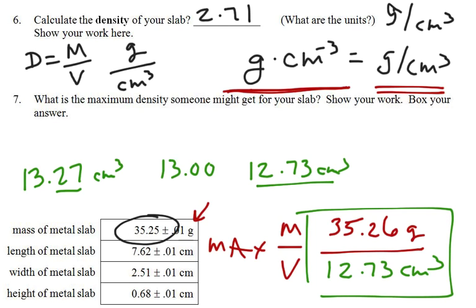To get my maximum density, I use the largest mass, so I add my uncertainty, and the smallest volume, because that's in the denominator, so I subtract my uncertainty and get 12.73. When I do this, I get a value for my density of about 2.766. Again, that's grams per cubic centimeter.